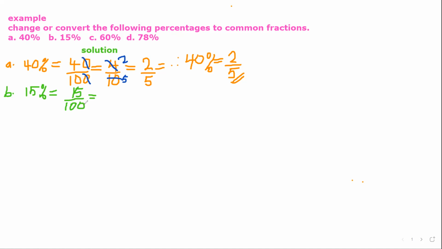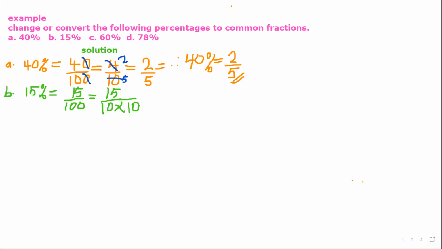So for 15, we can use 5 to cancel. So we have to simplify the 100 so that it will be easier for you. So 100 can also be written as 10 times 10, okay? Good.